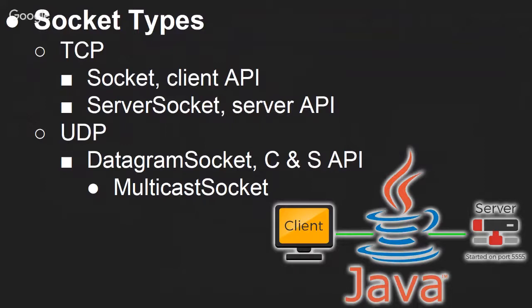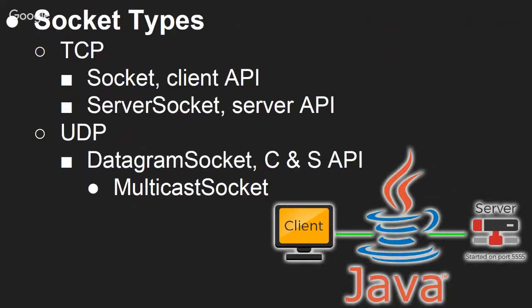UDP is faster because it's a lightweight transport layer designed atop IP. There is no tracking of connections or ordering of messages. For UDP on Java, you have the DatagramSockets for client and server APIs and the MulticastSocket. But what is TCP?